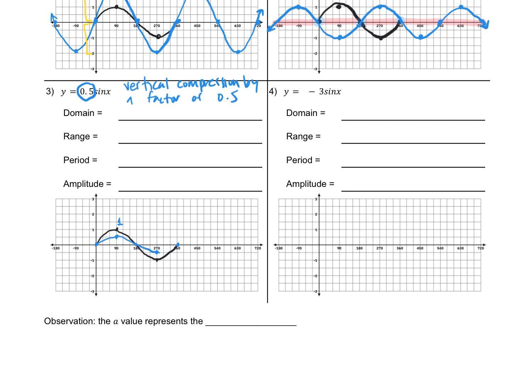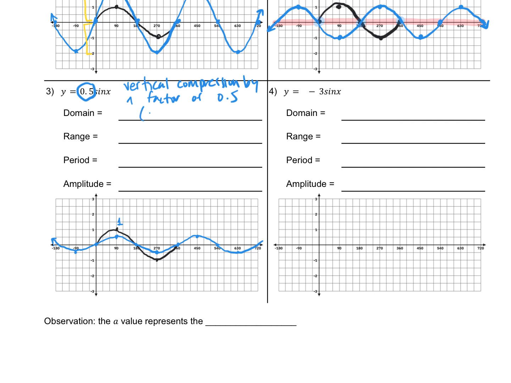And then I can connect my dots. And here is our sine function that has been compressed. And I'm going to continue my pattern here. It is going to be pretty squished, pretty close to the x-axis, but that's because we've compressed. And there we are.